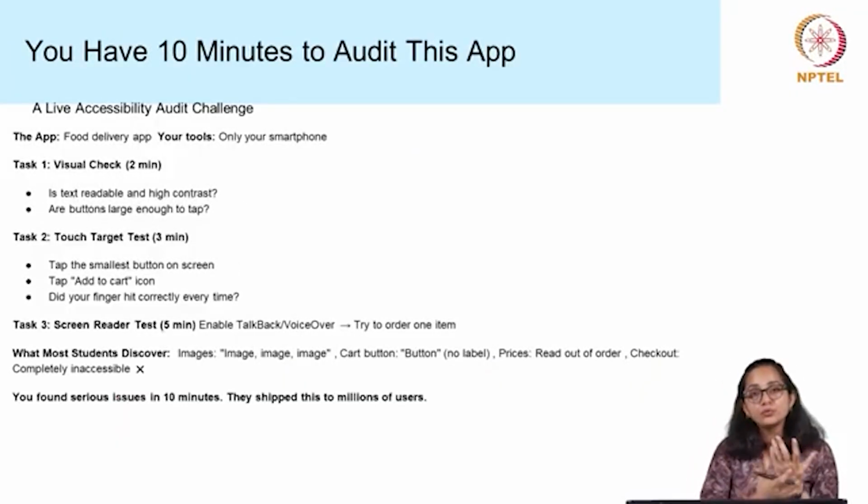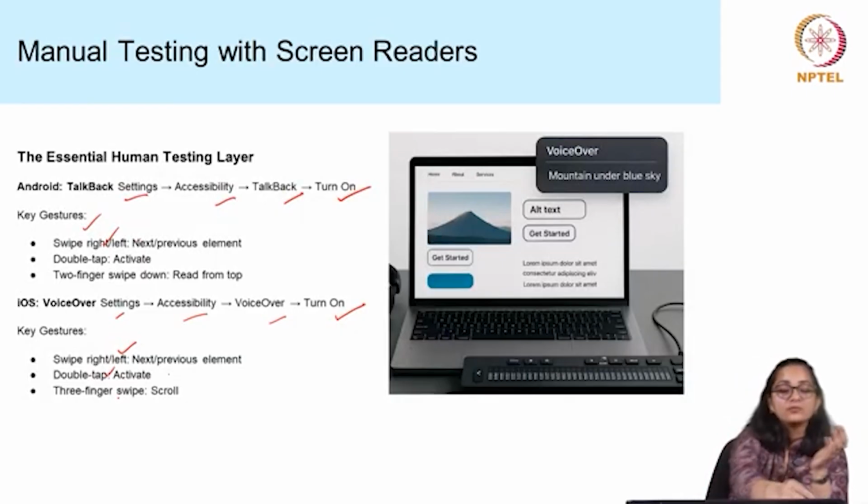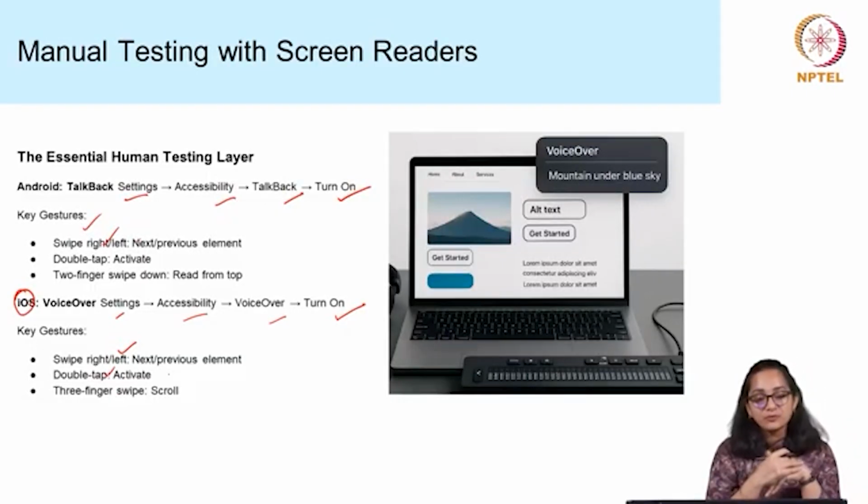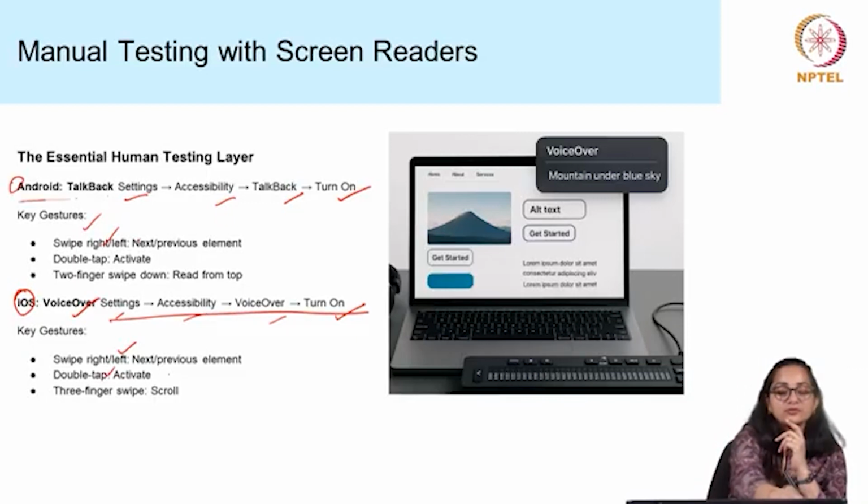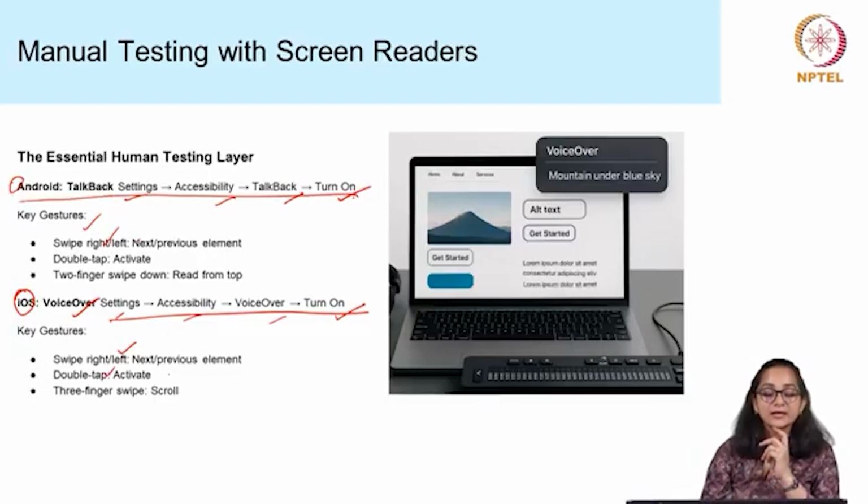So let us do a quick exercise with this. You have 10 minutes to audit this app. It is like a live accessibility audit challenge. I would request all of you to take out your phones. If you have an iOS phone, an Apple phone, please activate your VoiceOver through this route, and if you have an Android phone, please activate your TalkBack through this route.